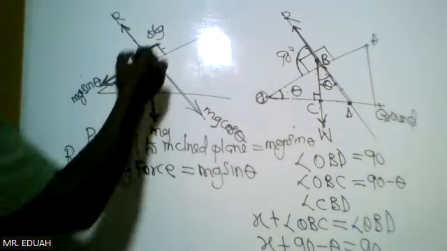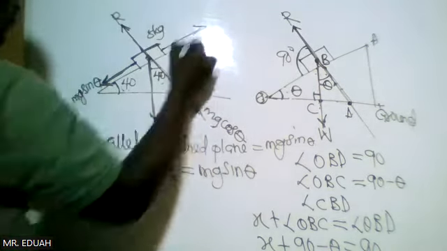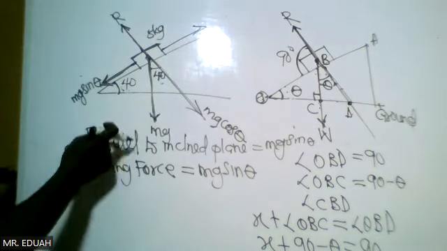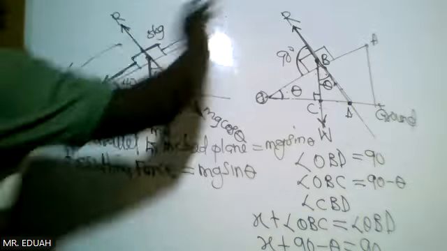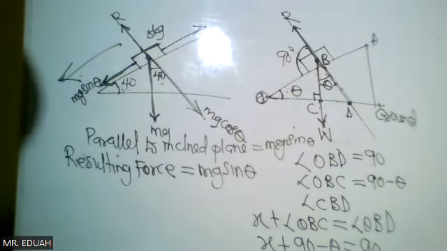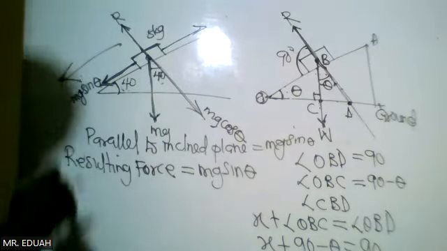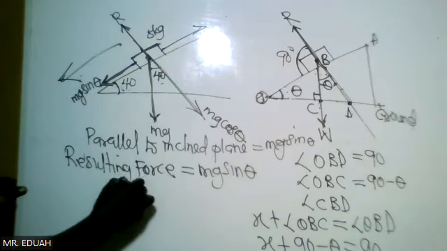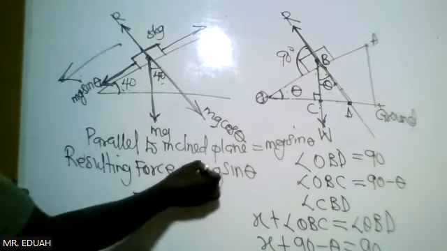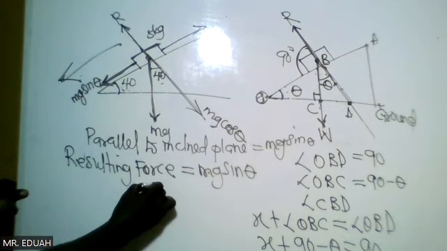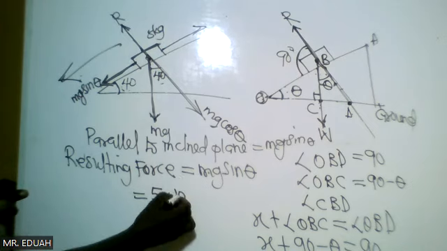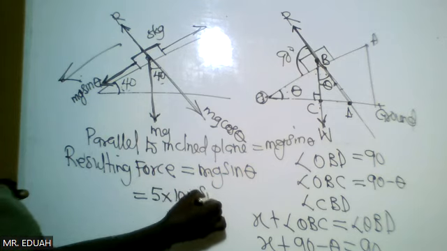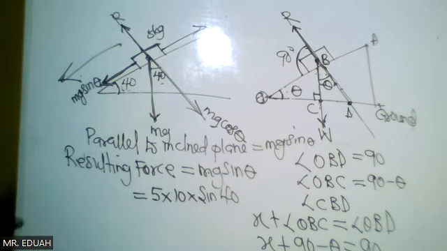Take note that if there is an opposing force, then the resultant force will be mg sine theta minus what is opposing. I'll give you a question of that so you could apply. So here, the resultant force is equal to this. M is given as 5, g is 10, theta is 40, so sine of 40. We have to find the acceleration.